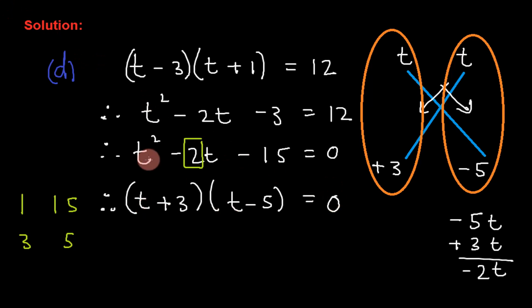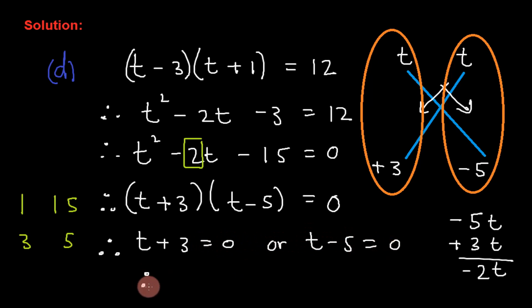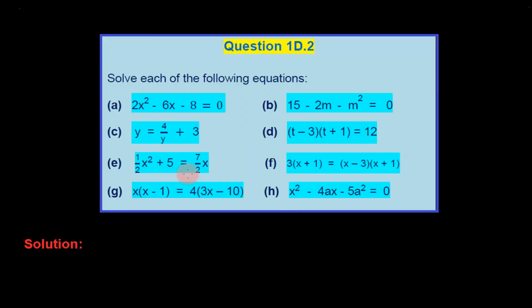T times t is t squared. Positive 3 times negative 5 is negative 15. Then positive 3t minus 5t is negative 2t. Then using the zero product rule, we solve for t. So t is negative 3 or t is 5. Let's go on to e.